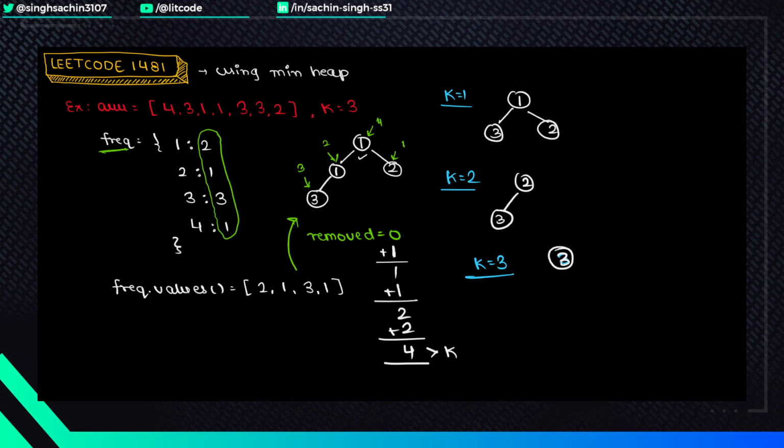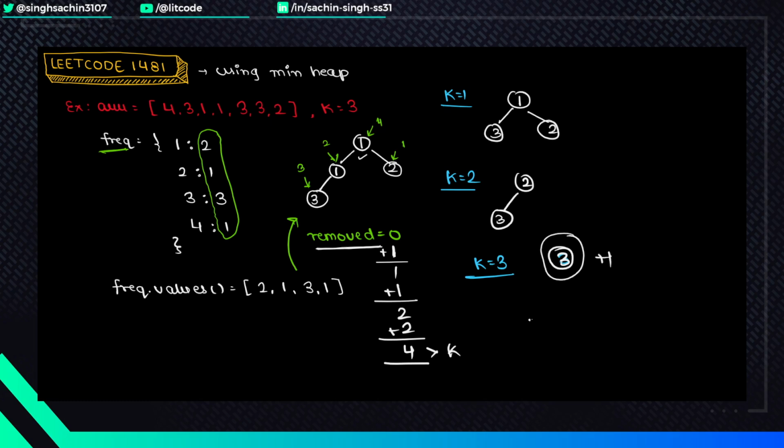So removed basically represents the number of unique elements I have removed so far, and we already know that we can at most remove k elements. So this is the point where I would like to break the loop, and I will just say that the solution basically is the number of elements left in the min heap plus 1.